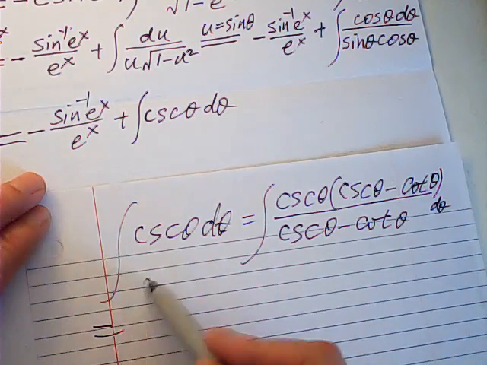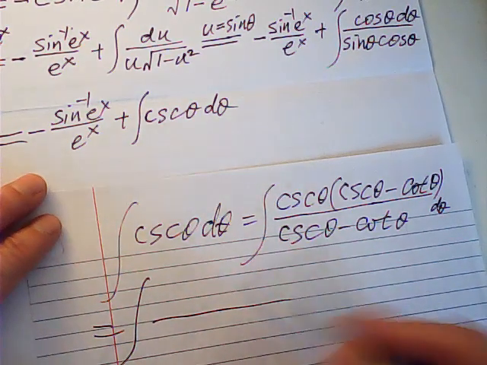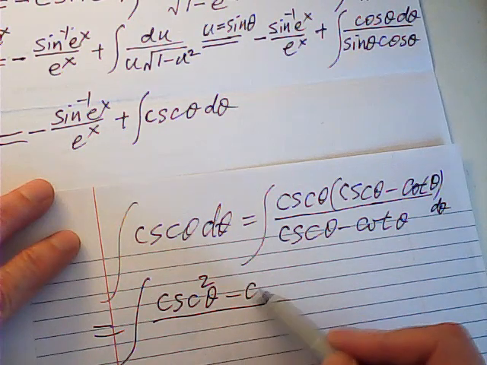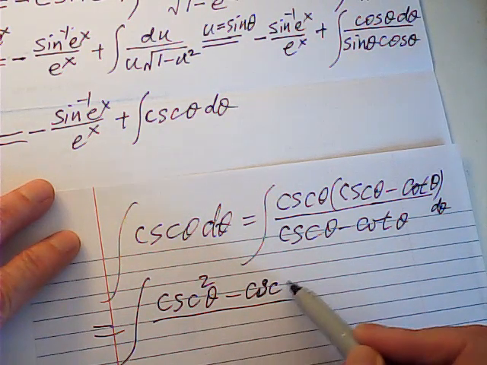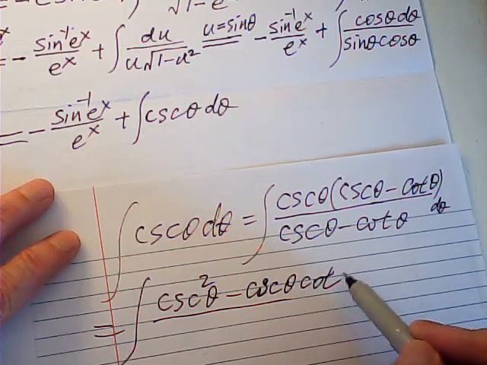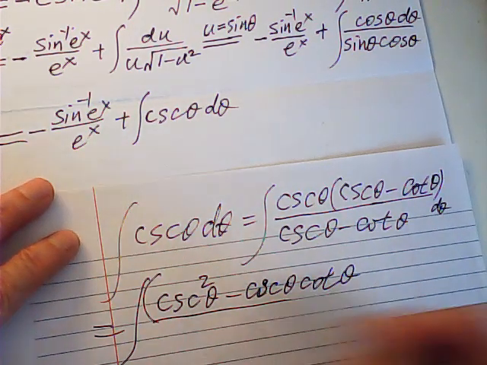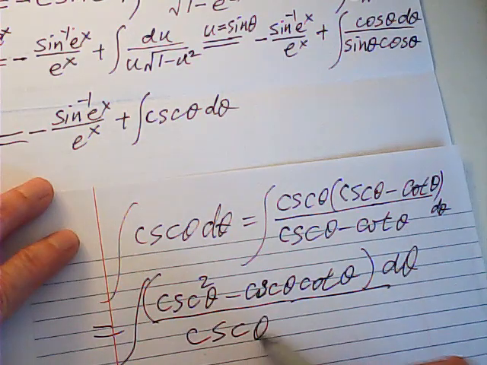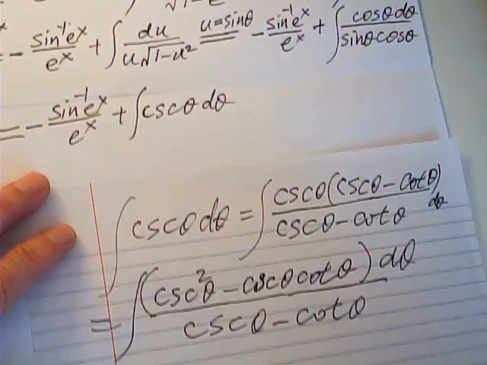And this one is equal to, this is a cosecant square minus cosecant cotangent theta d theta over cosecant minus cotangent.